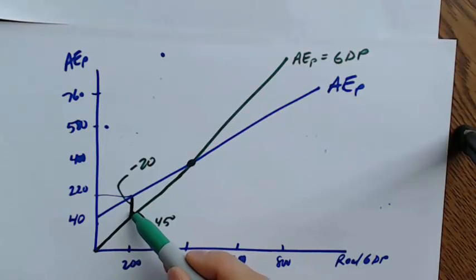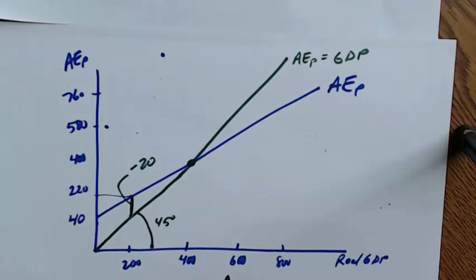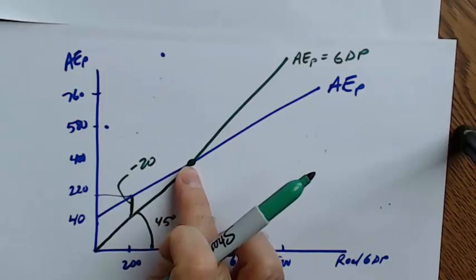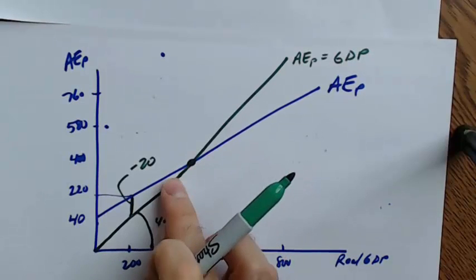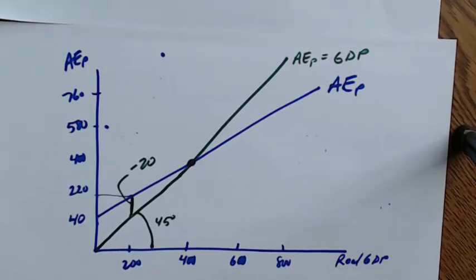Okay? And if we're drawing down inventory, we have a disequilibrium in the economy. Production doesn't equal spending. And what that means is firms are going to have to ramp up their production because their inventory just got drawn down by 20. And so when you're to the left of this equilibrium point, your inventory is being drawn down, and that means that firms are going to have to ramp up production.